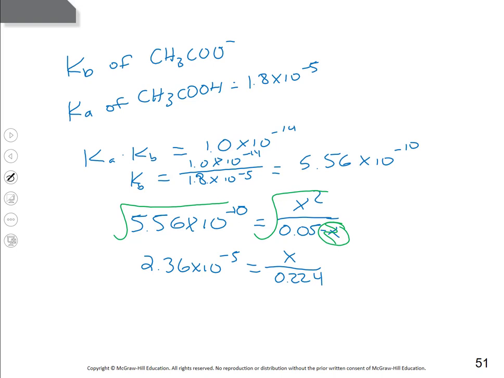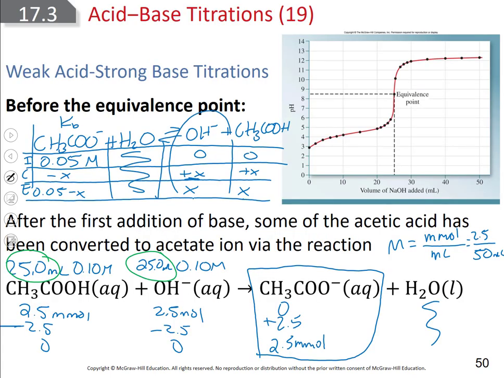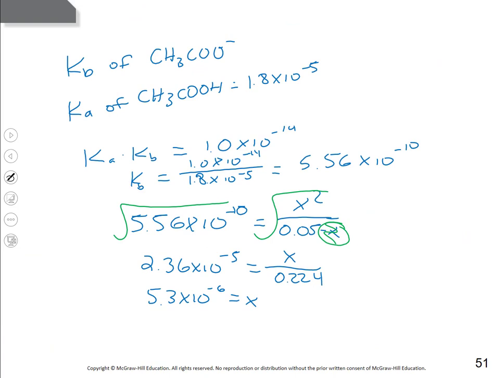I'm getting 5.3 times 10 to the negative 6 is equal to my x. So if that's x, going back to our ICE table, that is hydroxide. So that is my concentration of hydroxide ion.